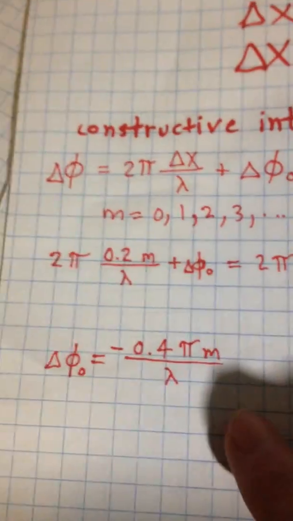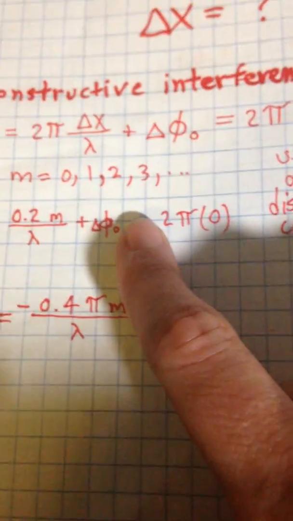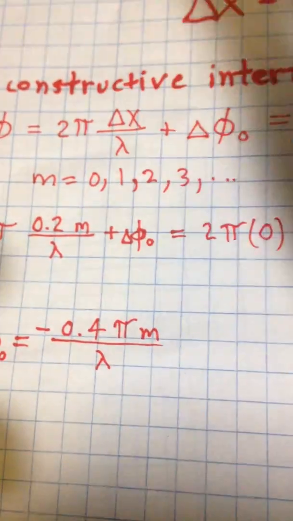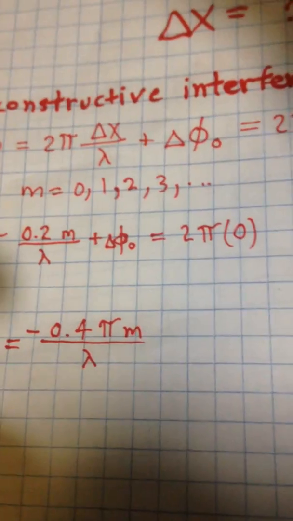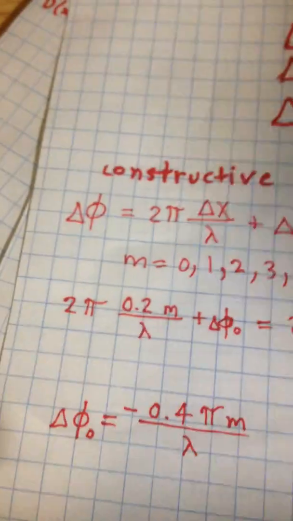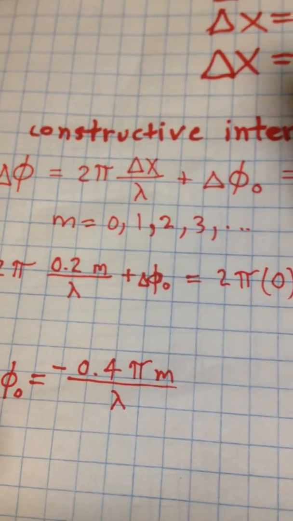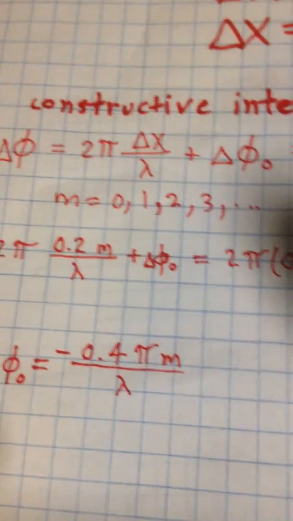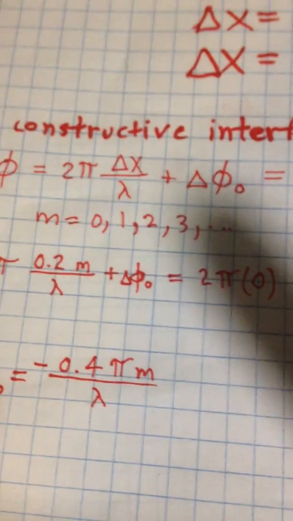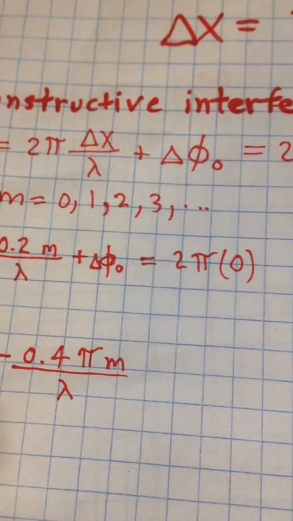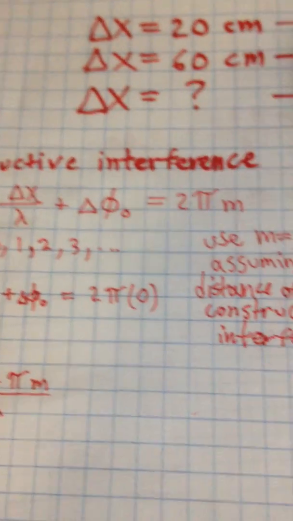But first, let's say that when the speakers are spaced 0 centimeters apart, they are in between max constructive and max destructive. It's going to be in between.